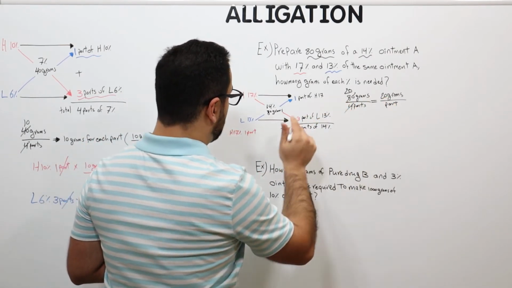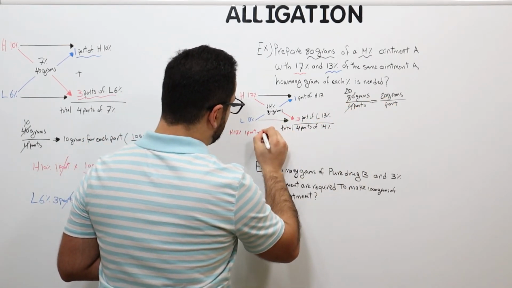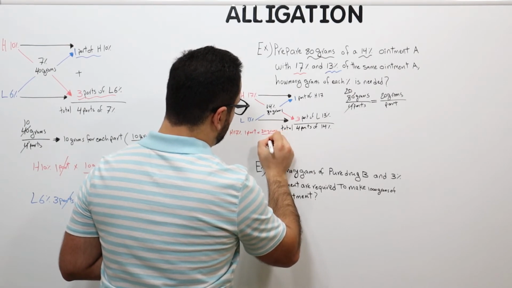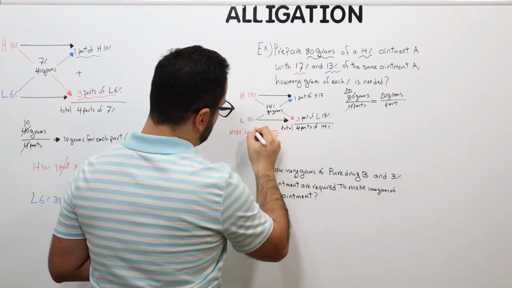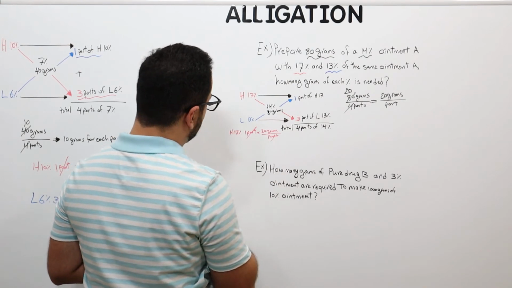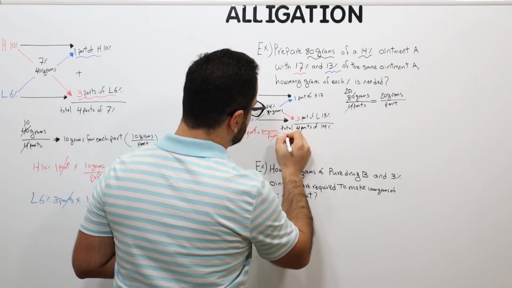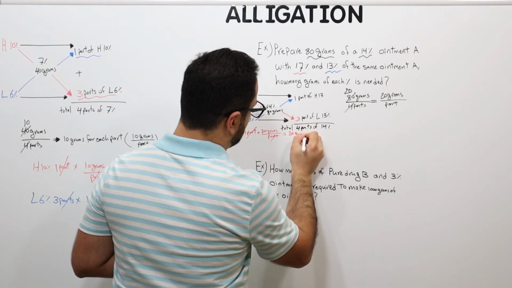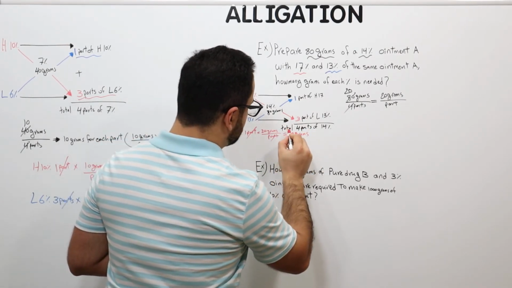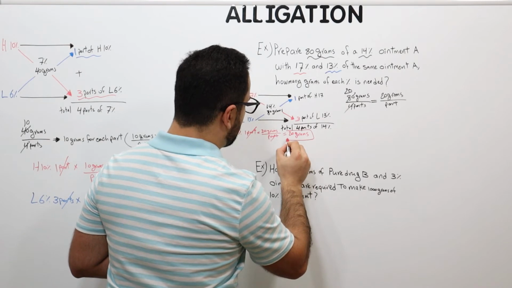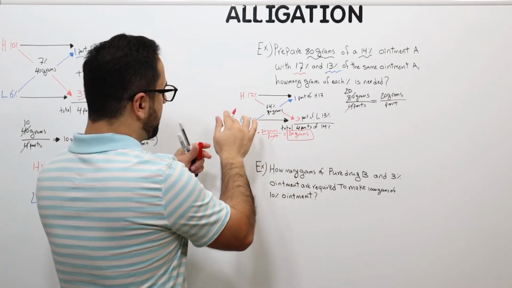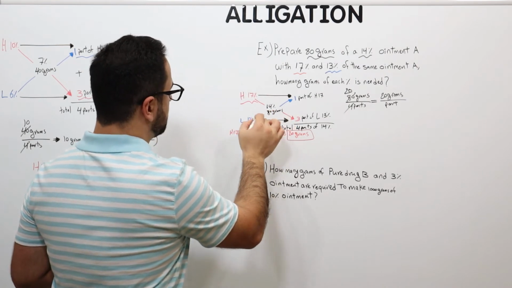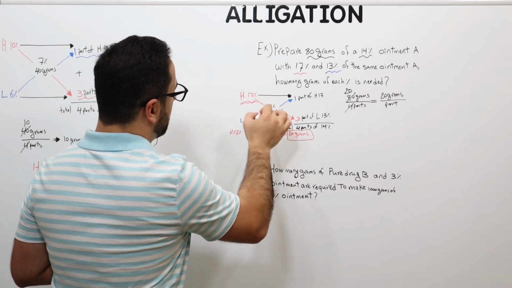And we know that it is 20 grams per part, so multiplying by 20 grams per part, part cancels with part, so 1 times 20 is basically 20 grams. So this is how many grams are needed from the higher concentration to prepare the 14% desired concentration.